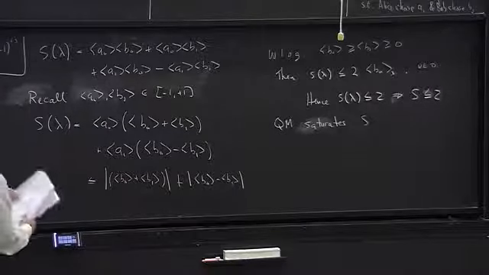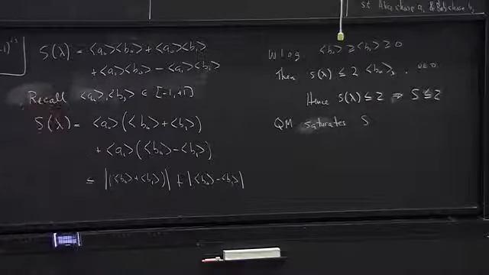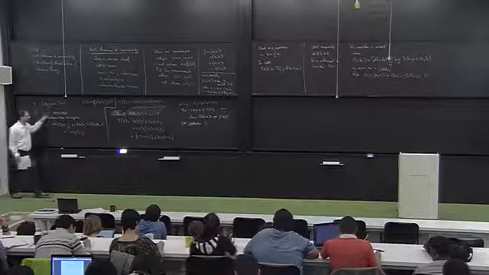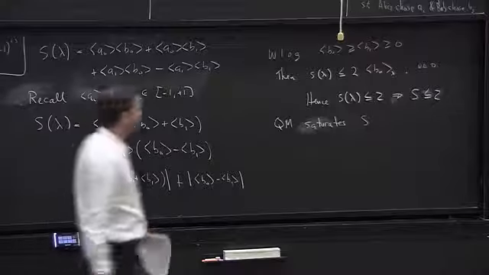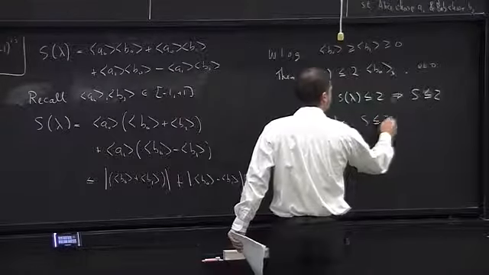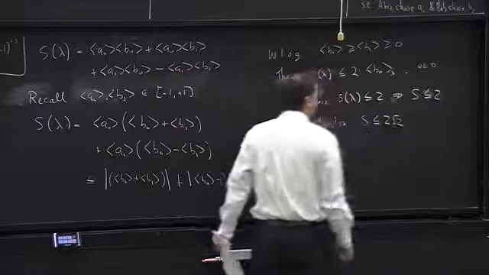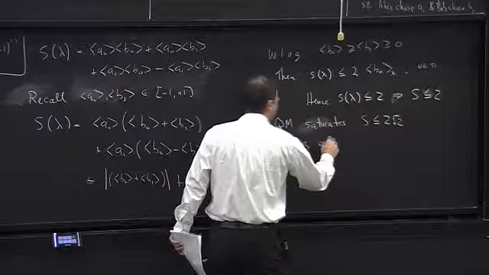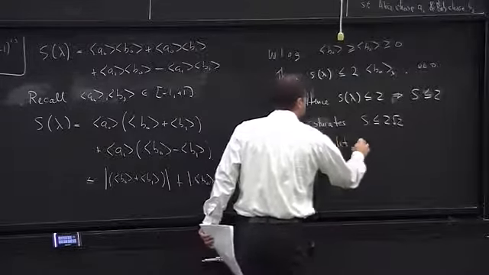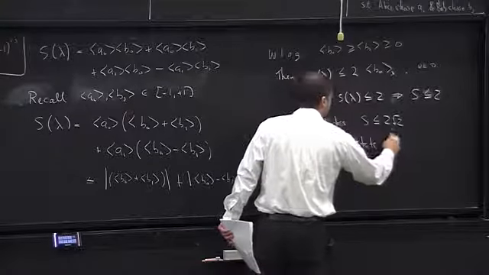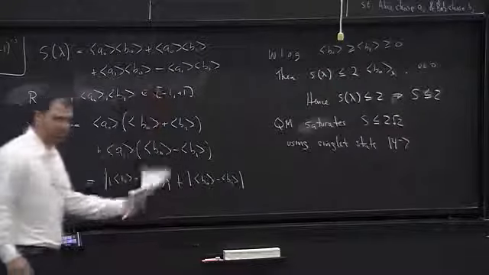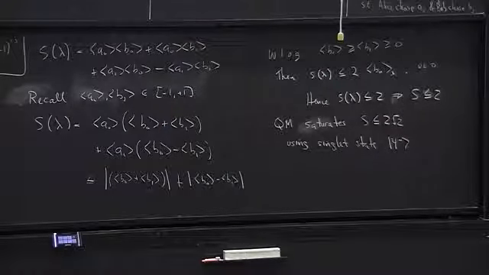The fact that each term in this average is less than or equal to 2 implies that the average is less than or equal to 2. So quantum saturates the inequality to square root of 2 using the singlet state, and some particular choice of measurements, which I gave you last class.